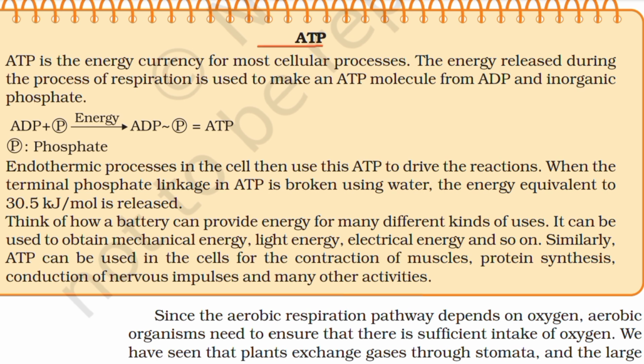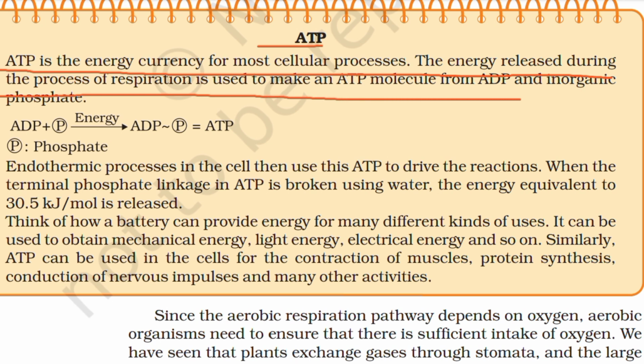ATP, adenosine triphosphate, is the energy currency for most cellular processes. The energy released during the process of respiration is used to make an ATP molecule from ADP and inorganic phosphate.